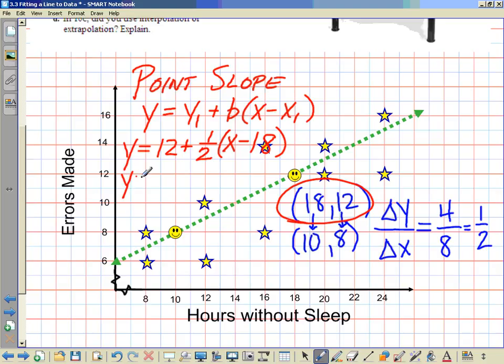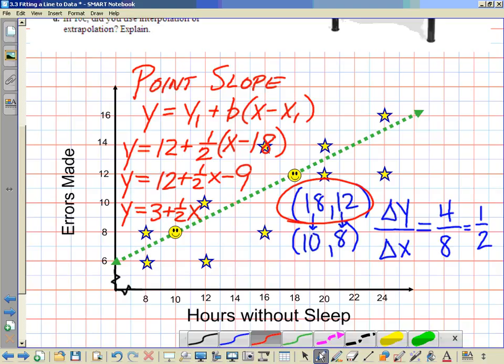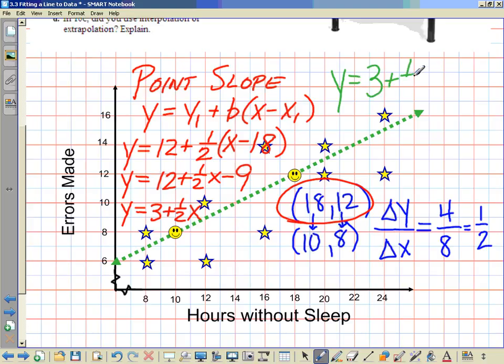If we distribute this, you're going to get 1/2 x minus half of 18, which is 9. If we combine like terms now, we get y equals 3 plus 1/2 x. That looks like the equation of our line. Y equals 3 plus 1/2 x.